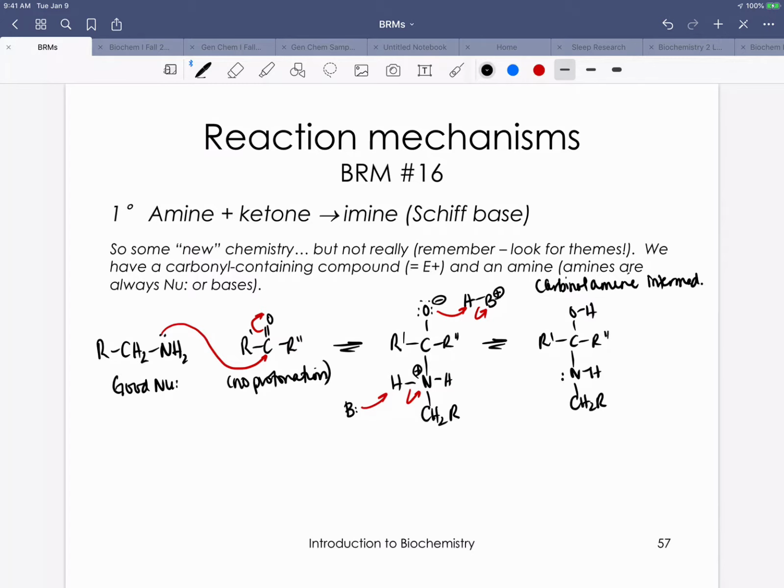So as we've seen before, when we have an OH group here attached to a carbon atom, again, that was our carbonyl, protonation of this can make it a good leaving group, and if there's an internal nucleophile that can push it out, we're going to see that chemistry happen. So first, let's go ahead and show the protonation of this to make it into a good leaving group.